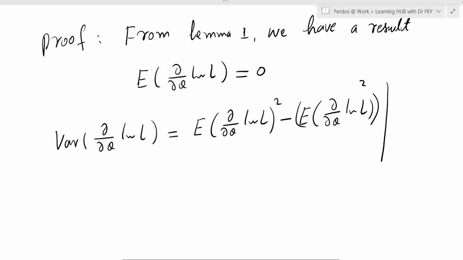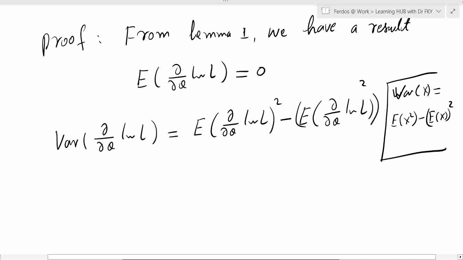This is just like the variance of x is equal to E of x square minus E of x whole square, just like that. So remember this basic formula. And you know that this thing is 0, so the square of 0 is 0.